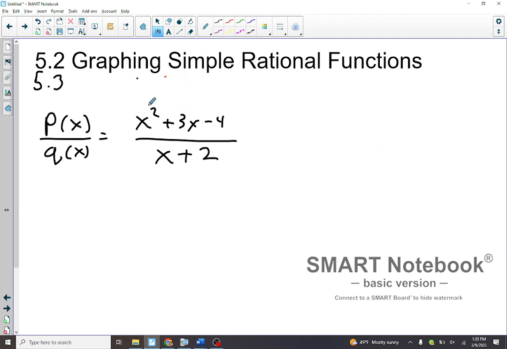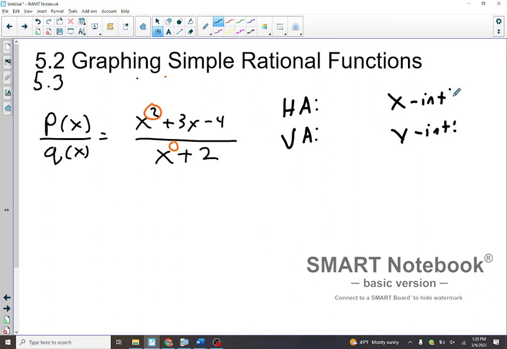But in this scenario, you have P is bigger than Q, and that's based off the largest power you have. And in this case, you have 4 things you're looking for: a horizontal asymptote, a vertical asymptote, x-intercept, and y-intercept.